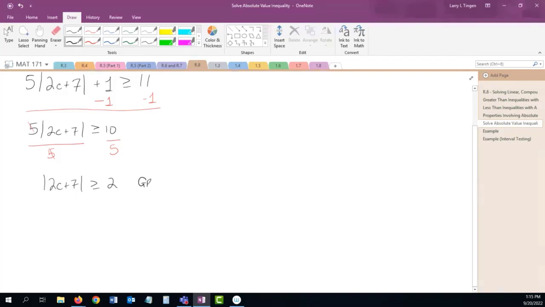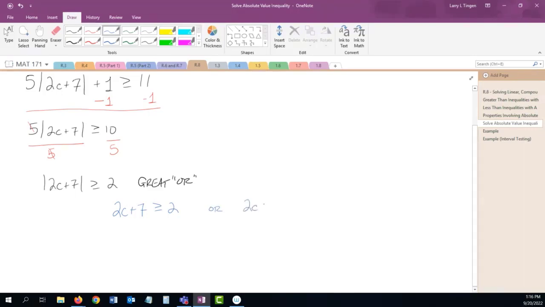That is a greater than, and when I have a greater than, it means I've got two things going on. Either the absolute value is exactly what it says: you just rewrite what's inside the absolute value, leave the inequality alone, and leave the right-hand side alone.